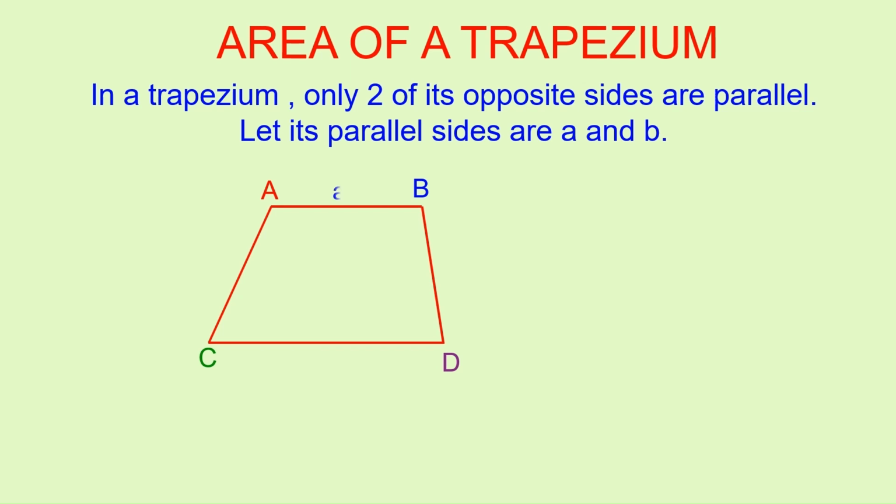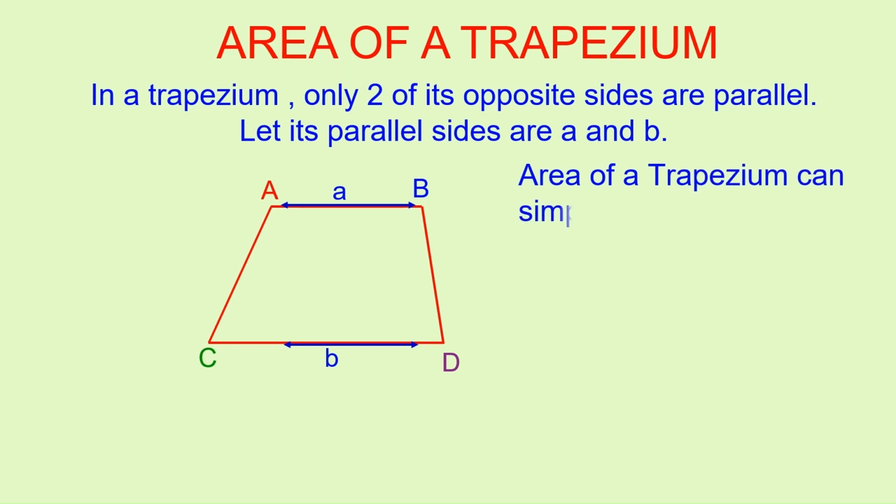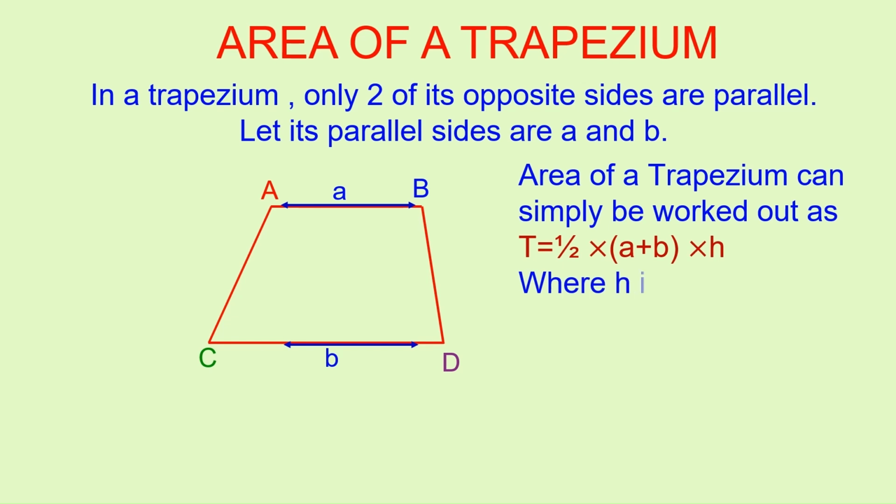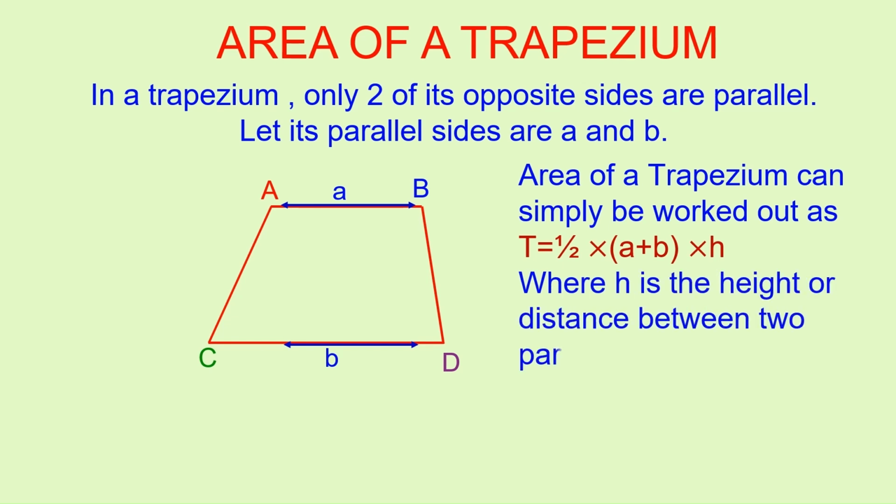Let its parallel sides be A and B. Area of a trapezium can simply be worked out as 1/2 times A plus B times H, where H is the height or distance between the two parallel lines.